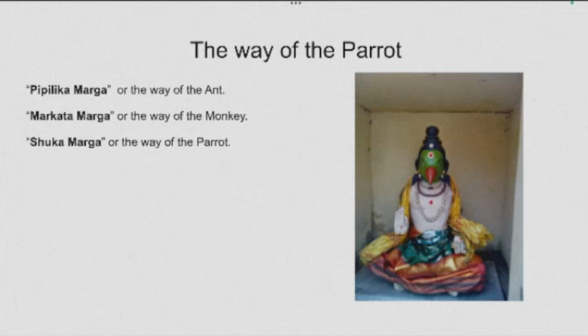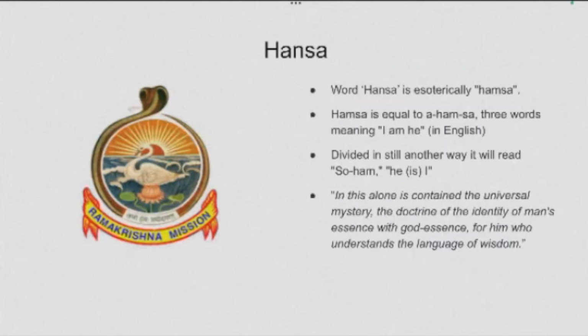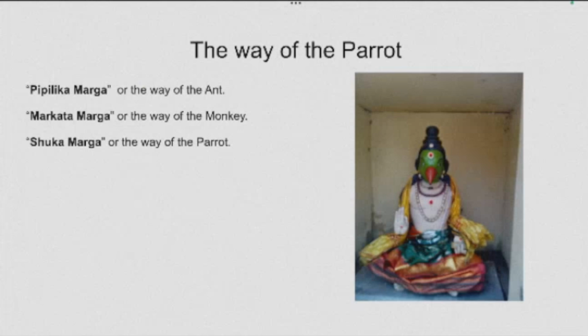We can find yet another allusion to the symbol of the parrot in the stories of Pipilika Marga, Markata Marga, and Shuka Marga, or the way of the ant, the way of the monkey, the way of the parrot, respectively.